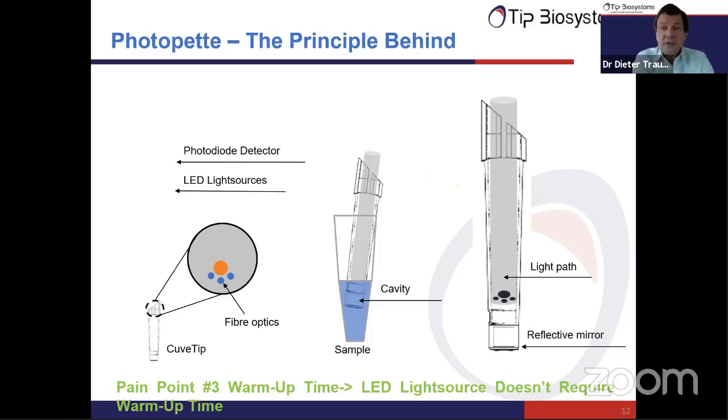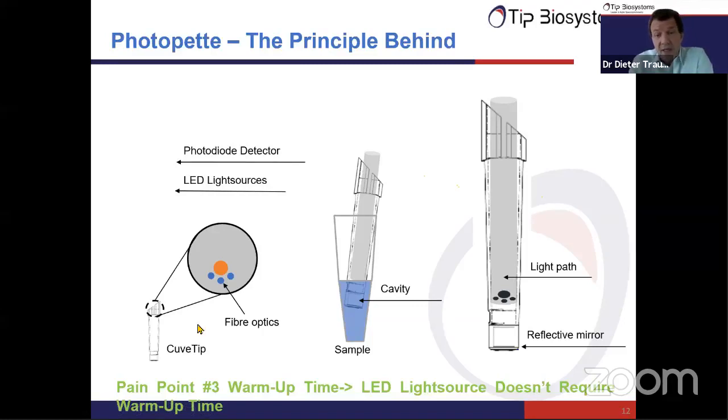So you see, the instrument contains everything that I showed you before in the setup. It does not need the monochromator because the LED itself is already the monochromator, and the cuvette tip helps that the light is passing through the sample.